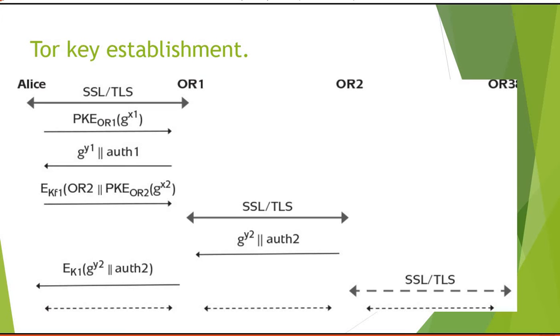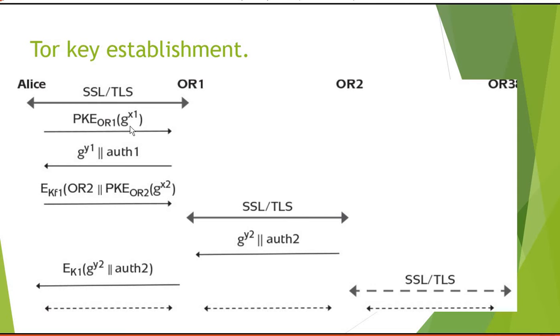First the secure channel will be established between Alice and onion router 1, using an SSL/TLS channel. Then, using the public key shared between Alice and onion router 1, the session key has to be generated.